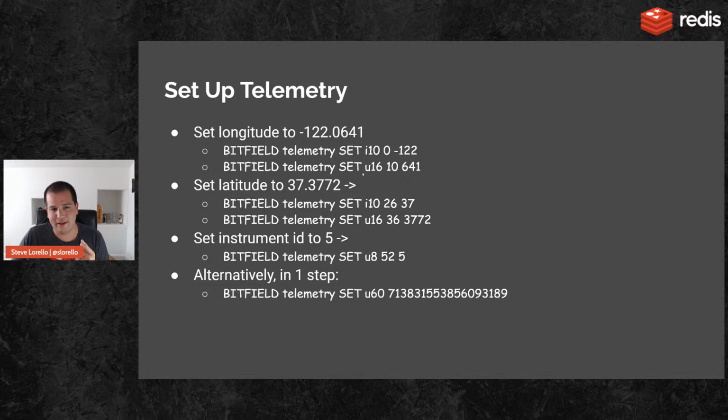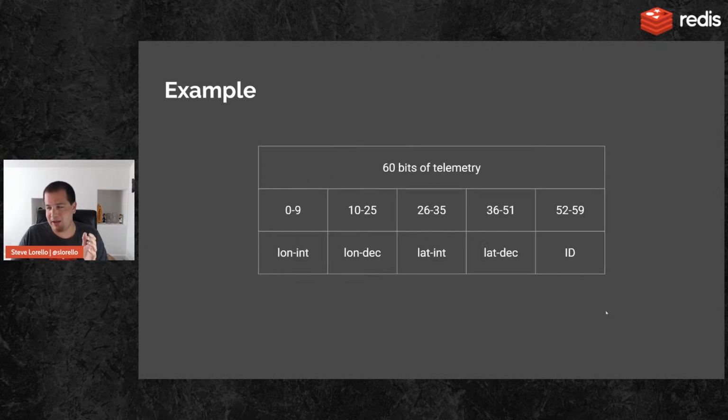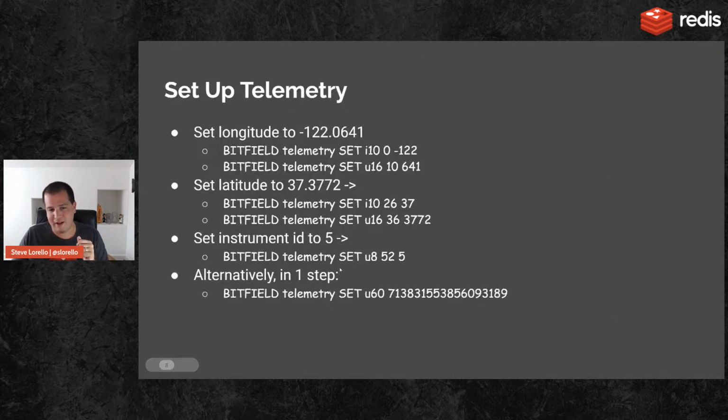We can then set U16 starting at the offset 10 to 641, which is the decimal portion of this. And you can do the same thing for latitude, both the integral and the decimal portion of it. And then finally, for the ID, you can set this field at the offset of 52, which is, if we go all the way back here, the beginning of the ID, set that to 5.